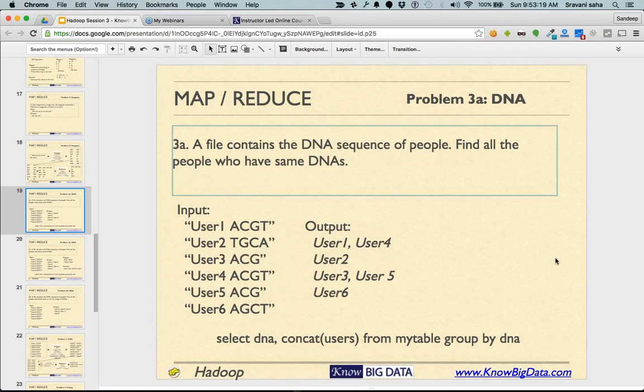So in this case, what would be your mapper and what would be your reducer? What is the logic you will write in the mapper and reducer? What will be the key and what will be the value in the mapper, and what will your reducer do?